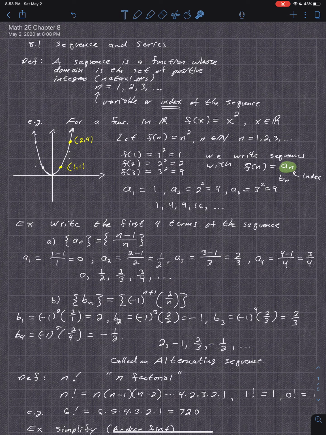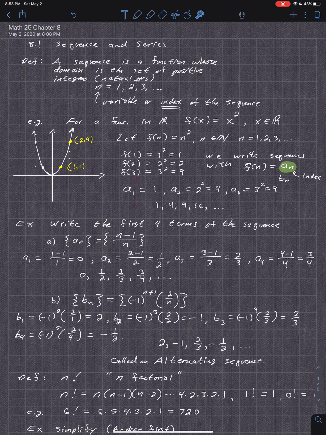For example, let's look at a function we've used a lot, the function f of x is equal to x squared. We've looked at that a lot. The inputs, though, are just 1, 2, 3, 4, right?